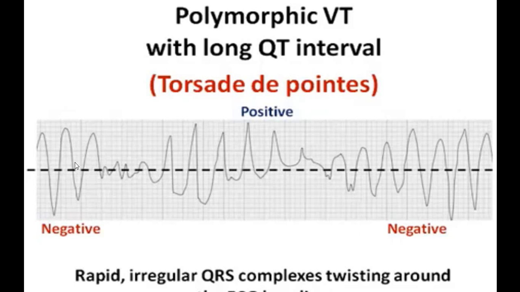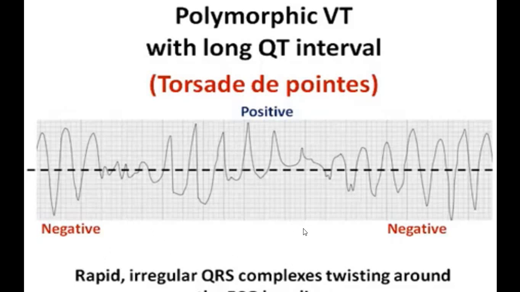So you can see these are negative complexes. These are different types of complexes. Again, these are more positive. Again, these are more negative. So constantly they are changing the axis. So polymorphic ventricular tachycardia with long QT, we label that as Torsades De Pointes. So they are rapid, irregular QRS complexes twisting around the ECG baseline, or we call axis.